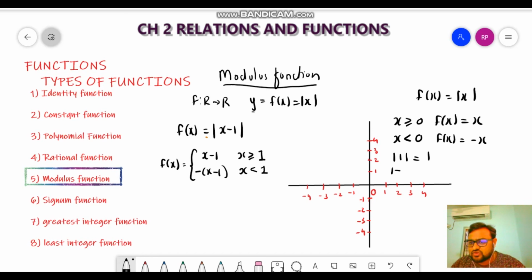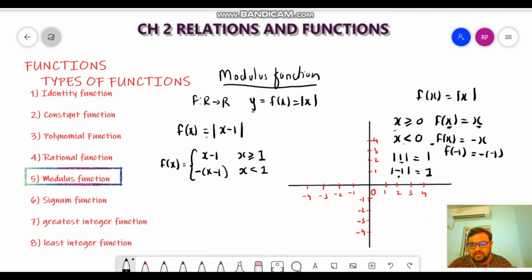And what is modulus of minus 1? That is also 1. When I take x as 1, greater than 0, the function will be 1. But when I take x as minus 1, meaning x less than 0, f of minus 1 will be equal to minus of minus 1, because it is less than 0. So minus minus is plus, I got the value plus.